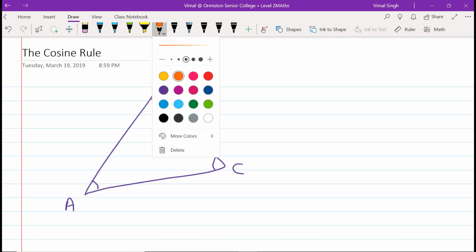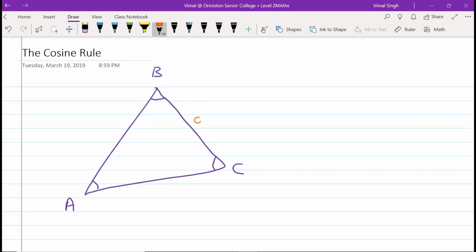So A there, this is going to be B, that is going to be lowercase c. So let's say this is angle theta.